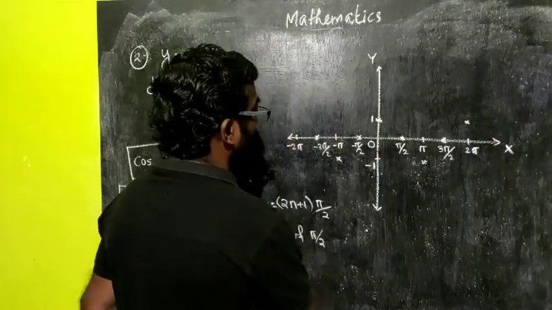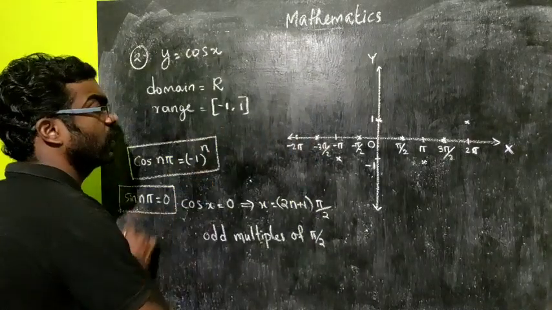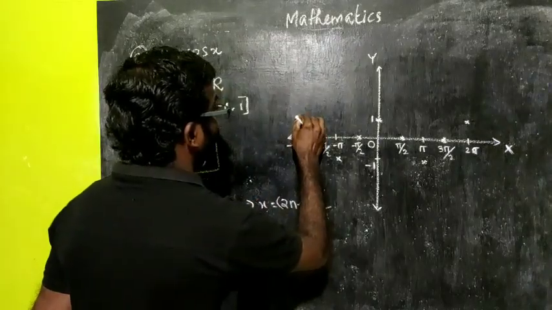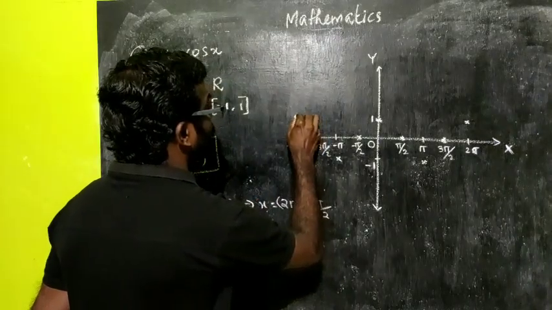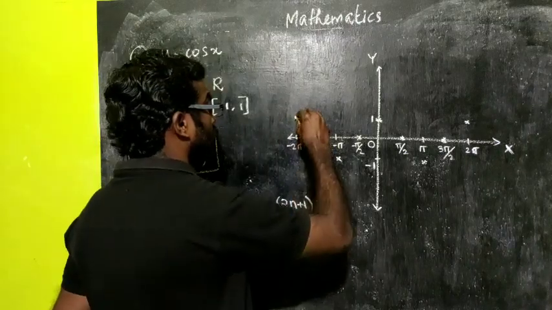Then cos of minus 2 pi. Cos n pi is equal to (minus 1) the whole raised to n, so here also plus 1. Now we can join these points.